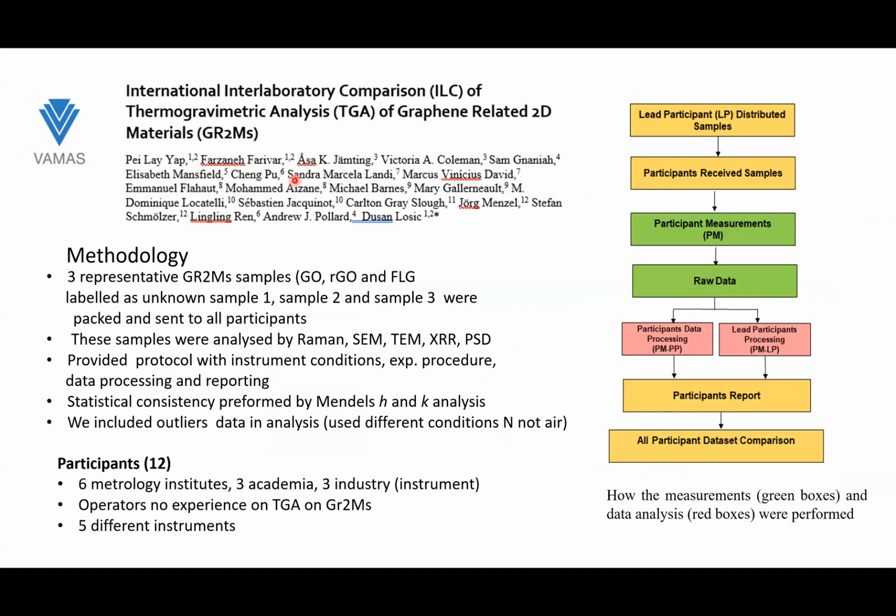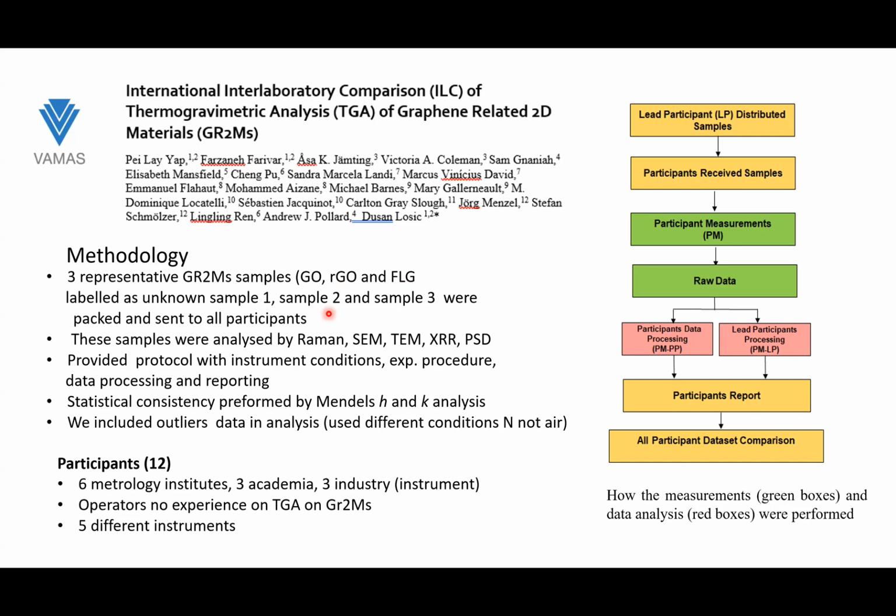For this study, we provided 3 samples to all participants, including GO, RGO, and few layer graphene, as unknown samples.